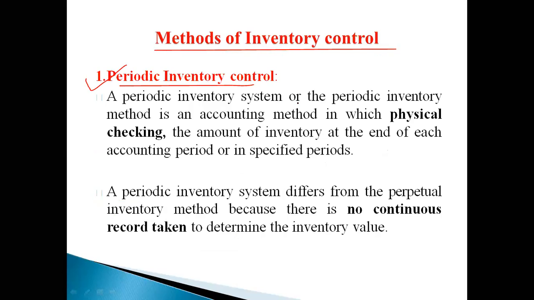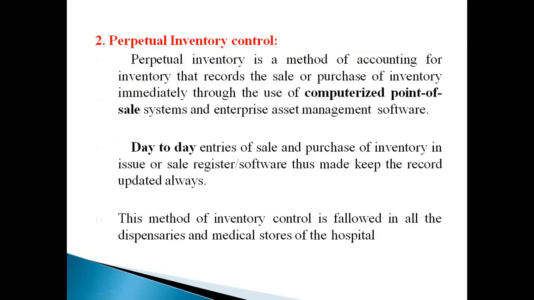Accounting methods like that, with physical checking at particular times, of what amount of the particular inventory is available with us. If it is on the lower side, then reorder the particular goods and occupy the levels. At specified time, you have to account the particular inventories. Second is perpetual inventory control.